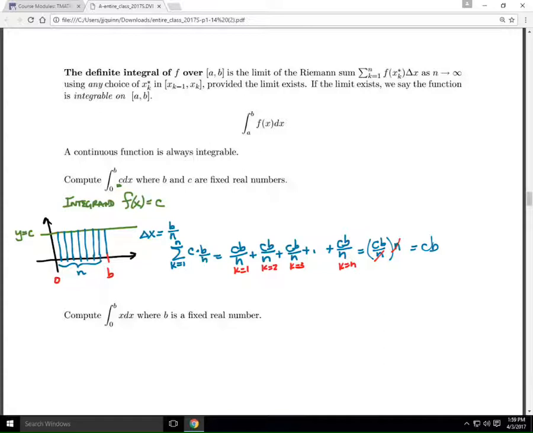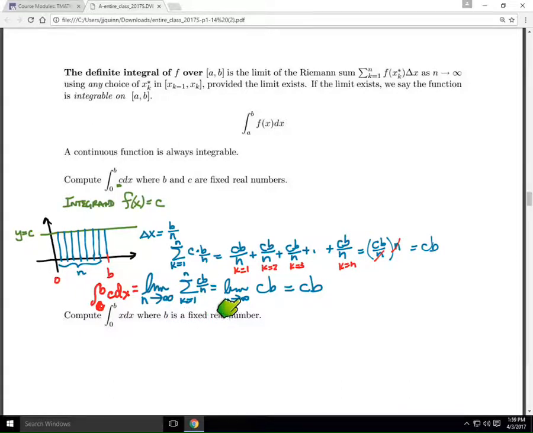Just to be pedantic, the definite integral from 0 to b of c dx equals the limit as the number of subdivisions goes to infinity of our Riemann sum that we just computed.